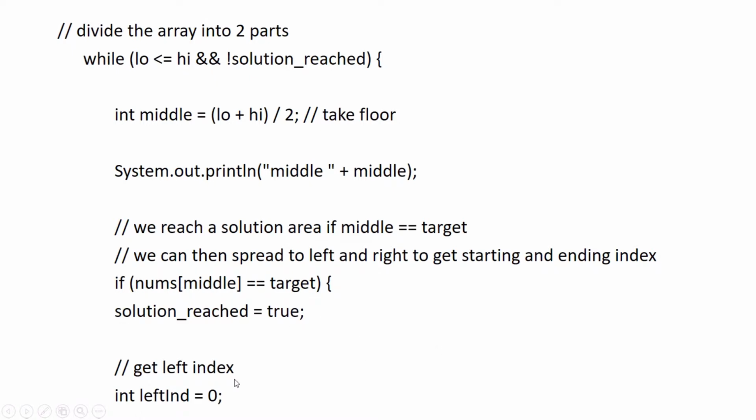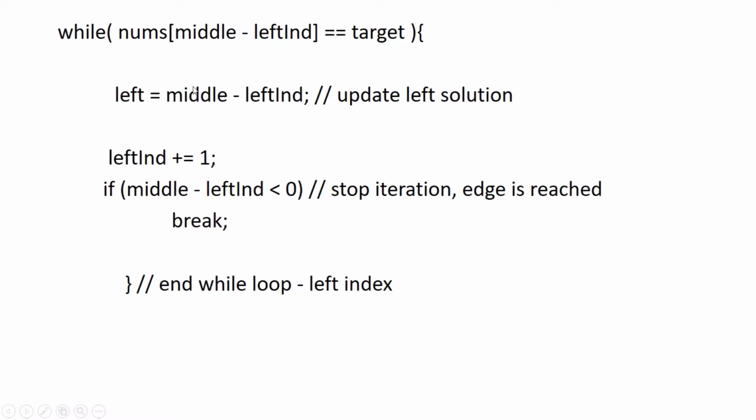So now we have this variable, left index, equals 0, and what we do is we check while the middle index minus 0. This technically is just checking the middle in itself because it's rechecking the middle, and there's a reason for that, in case it's just one element, so that we will not forget that middle.